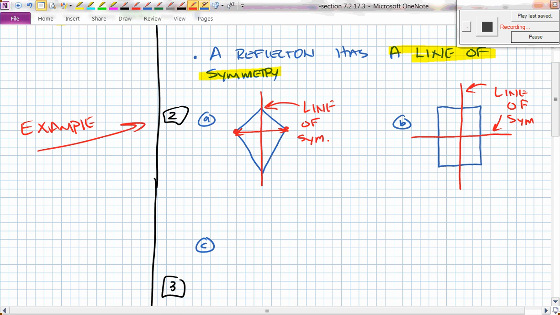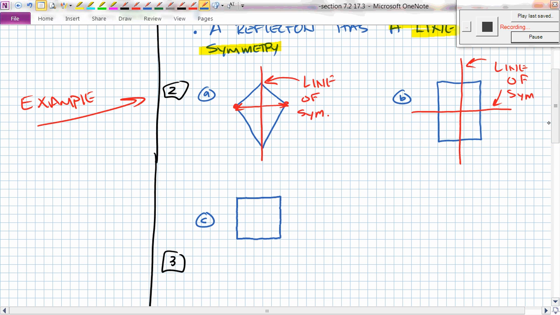What about a square? Let's draw a square. Give me one of the lines of symmetry. Yes, the diagonals.